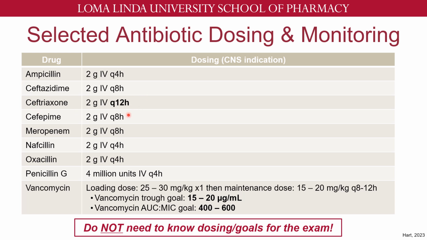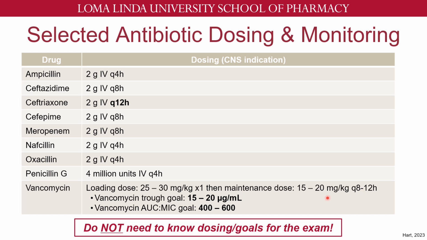And if you verify that order at maybe 2 grams every 24 hours, you're potentially not treating the patient's CNS infection, which again can kill the patient. So it's our duty as pharmacists to make sure that CNS dosings are appropriate for patients when they are being treated for a CNS infection.